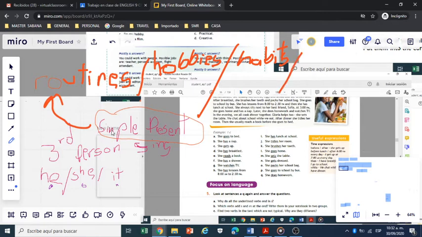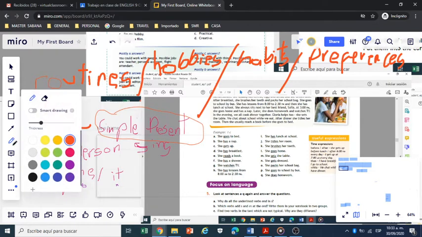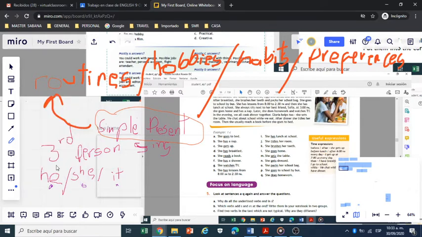Preferences, likes, dislikes, permanent activities. In general, simple present expresses permanent activities, repetitive activities.